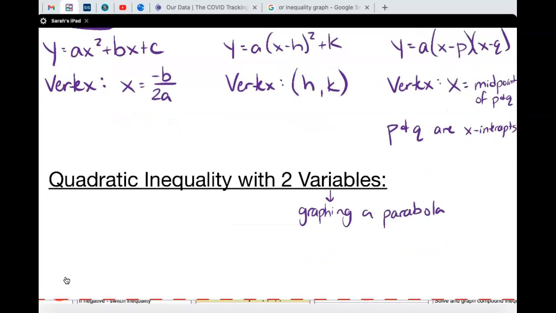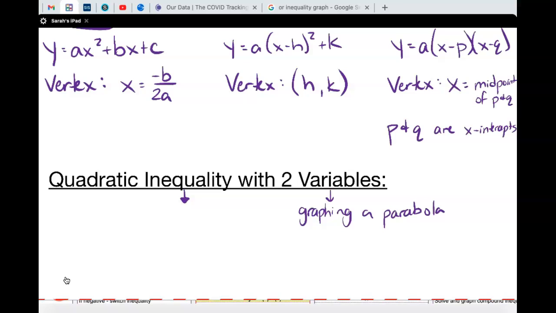Okay, so basically, what does an inequality mean before we analyze what this graph is going to look like and how it's different than an equation? So basically, we don't have a quadratic equation anymore, so we don't have an equal sign.